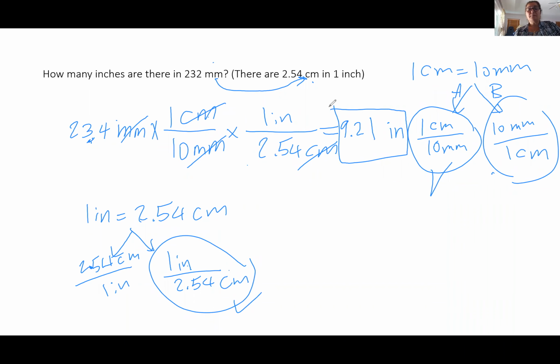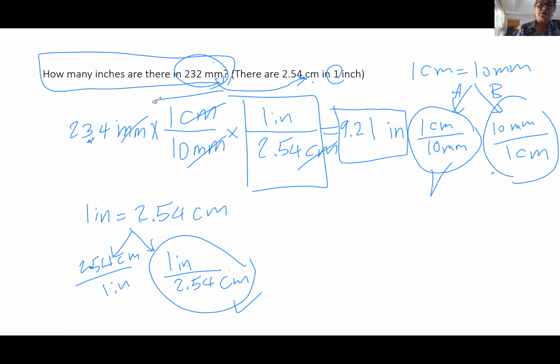And why is it 3? Even though we have this 1 here, this is part of a definition, so we do not count it. For determining the number of significant figures, we are looking at the given number only, which is the 232 millimeter: 3 significant figures, so the final answer has 3 significant figures. Definitions, which are these two boxes here, or conversion factors based on the definitions, have an unlimited number of significant figures, and we don't have to worry about counting the significant figures for those. Okay, that's this example.